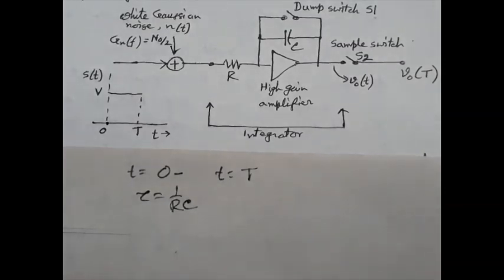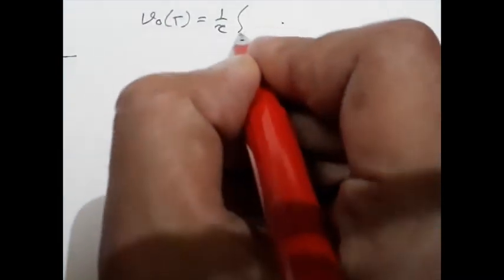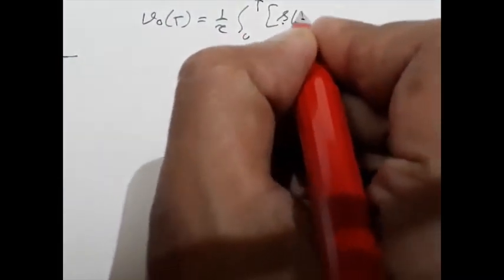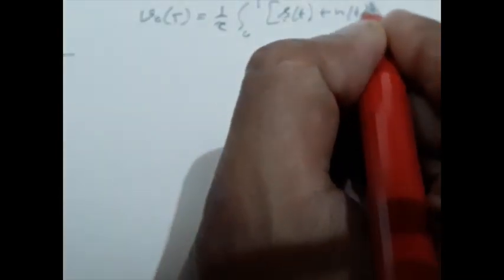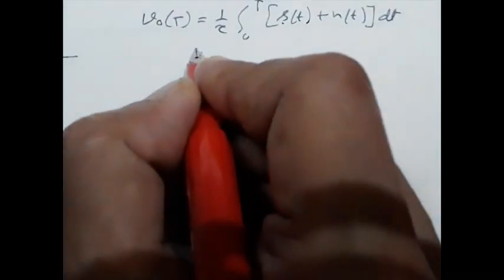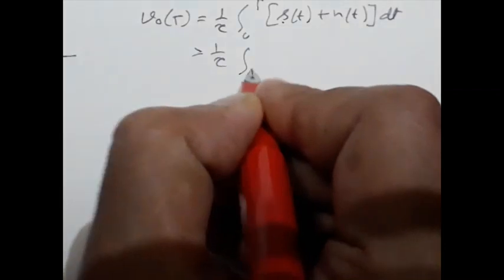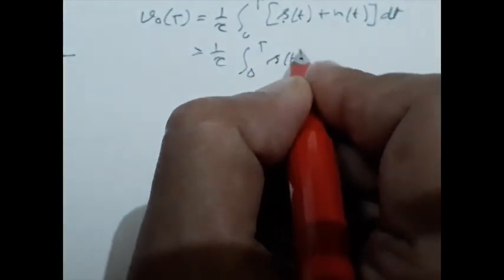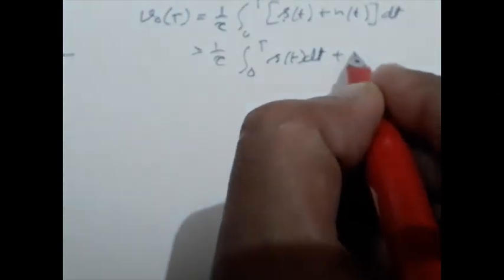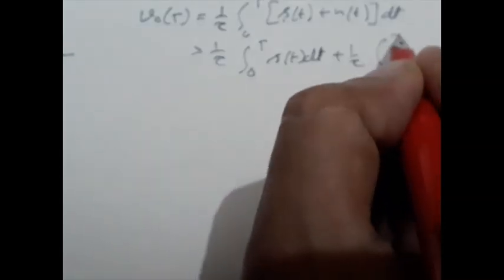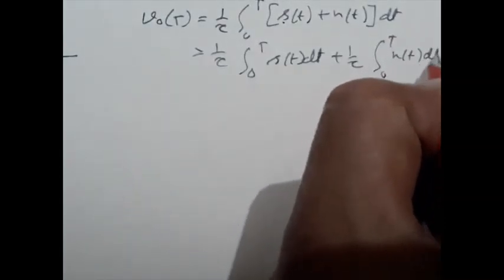So we can write V0(T), the final output, equal to 1 by tau integral from 0 to T of (s(t) plus n(t)) dt, that is equal to 1 by tau integral from 0 to T of s(t) dt plus 1 by tau integral from 0 to T of n(t) dt.